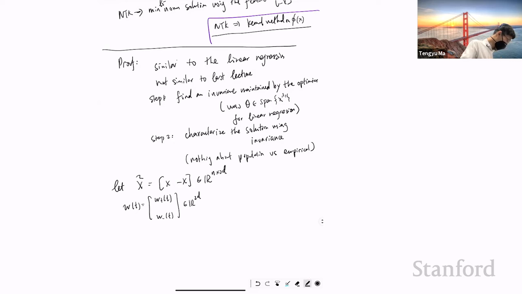And let's take W_t to the power of circle 2, the entry-wise square of W_t.